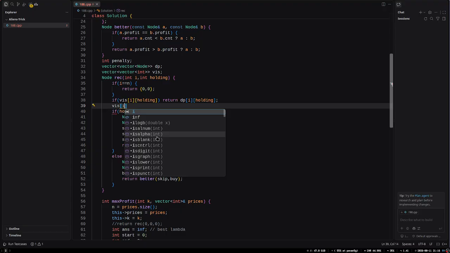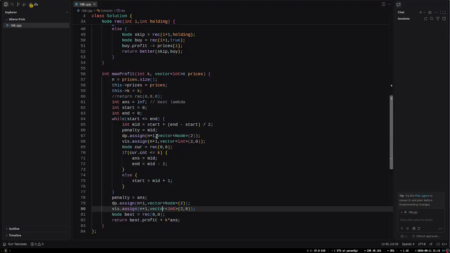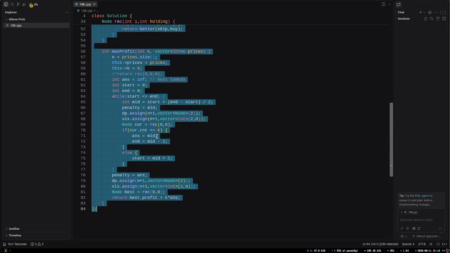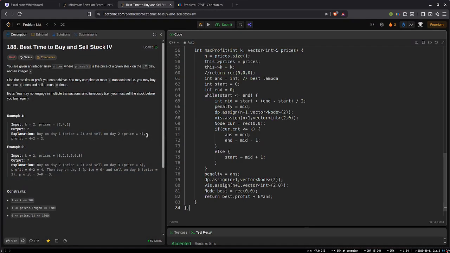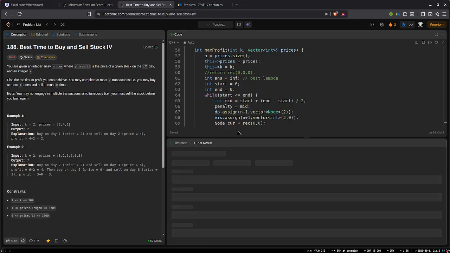If not, since you have started computing this state, mark this state visited, equal to 1. And done. Let's try to run this one. Hopefully it should run in the first try itself.